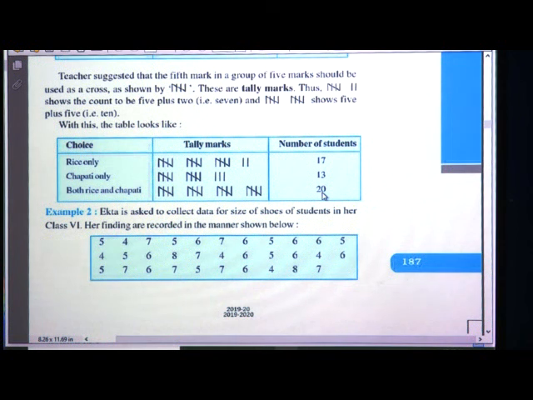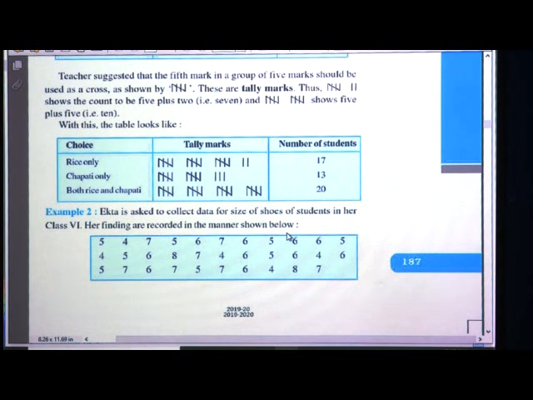Here also we have organized the data by using tally marks. Ekta is asked to collect data for the size of shoes of students in her class 6. Her findings are recorded in the manner shown below. There are a few students in her class.